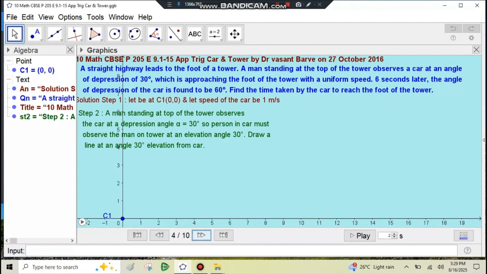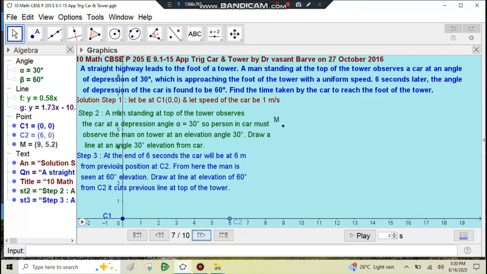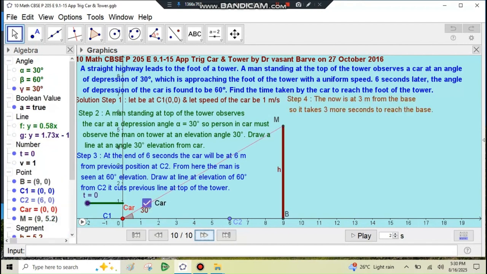For the person on the tower it is angle of depression. For the person in the car it is angle of elevation. So let us draw that. At the end of 6 seconds the car will be at 6 meters from previous position at C2. Now let me draw that and then we'll take it step by step.